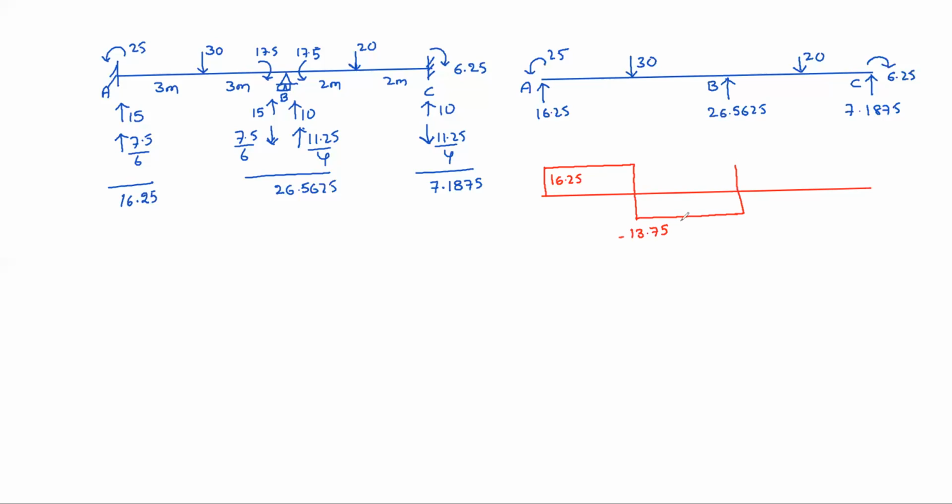Minus 13.75 plus 26.5625, 12.8125. Then downward 20, that means it goes to minus 7.1875 and go like this and join here. This is the shear force diagram. Then the bending moment diagram also you can draw.